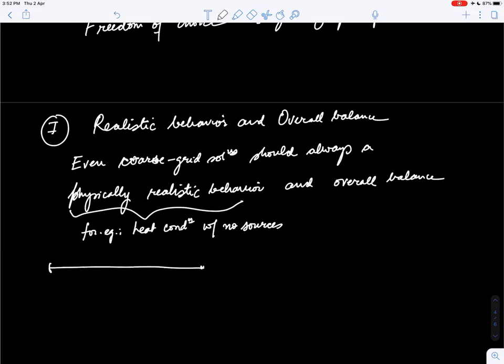So if the temperature here is 0 degrees Celsius and the temperature here is 100 degrees Celsius, then at any given point inside this domain the temperature will always be between 0 and 100. So physically realistic behavior would mean the temperature is always in this range.